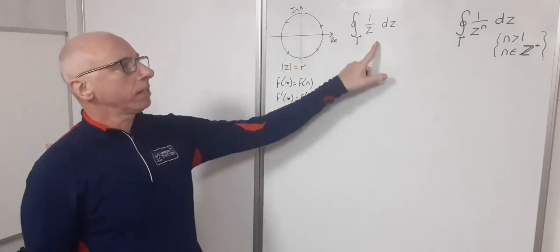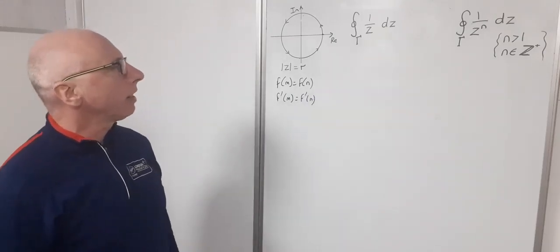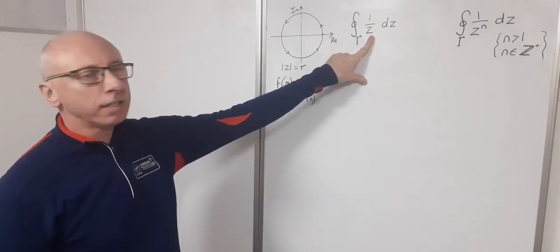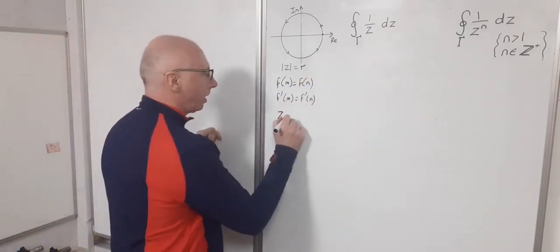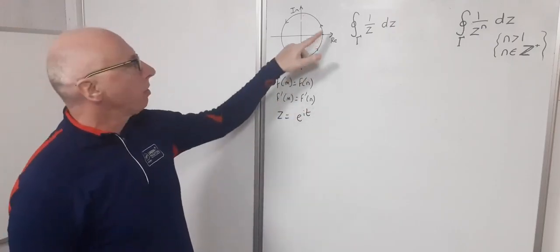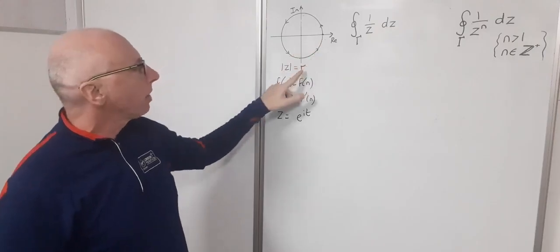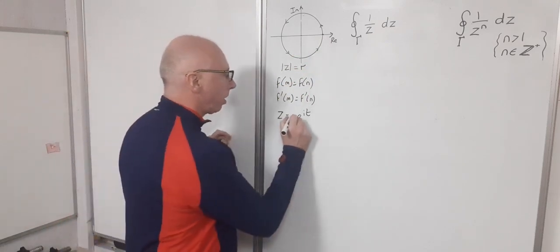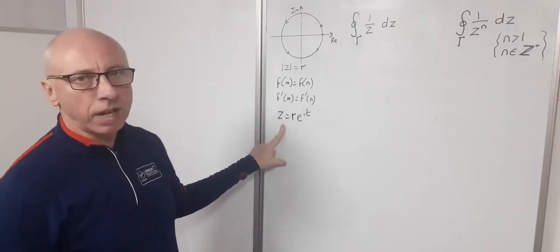Okay, so now let's deal with these two integrals. The way to deal with our complex value z is that we'll turn it into a parameterization. So we'll now define z equals e to the it, where t goes from 0 to 2 pi as it traverses the circle anti-clockwise. But as our radius is defined as just the variable r, we also need a value r here. So that is our polar form of our complex values.